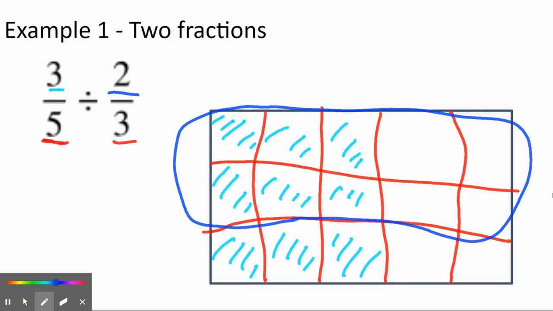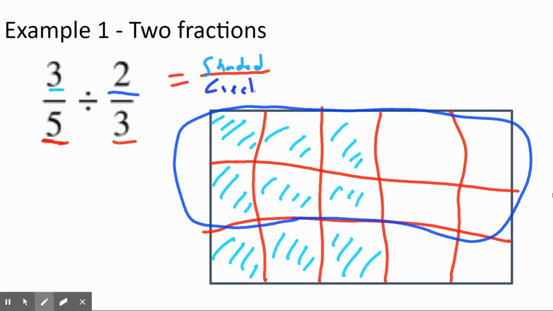The very last step is to count things up. We're going to have a fraction, and the top number, the numerator, is how many boxes you have shaded in, and the bottom number is the number that you have circled.